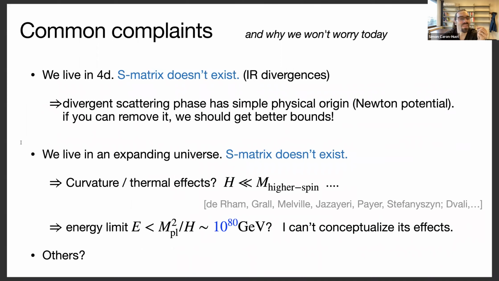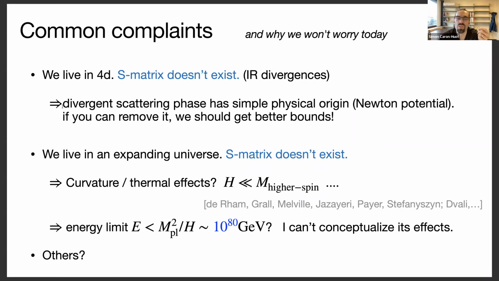This slide is about some common complaints about the framework we use and why we're not going to worry about those. So one common complaint is that we're going to want to make bounds in 4D, and in 4 dimensions, obviously, the S matrix does not exist because of infrared divergences. So I'm going to be talking about an object that does not exist. This doesn't worry me in the least because the reason it doesn't exist is basically because there's this divergent scattering phase.